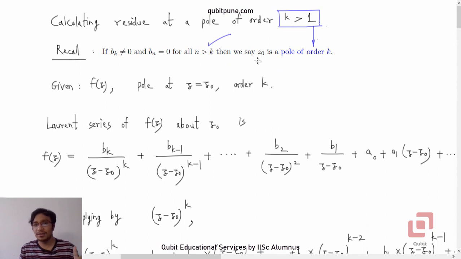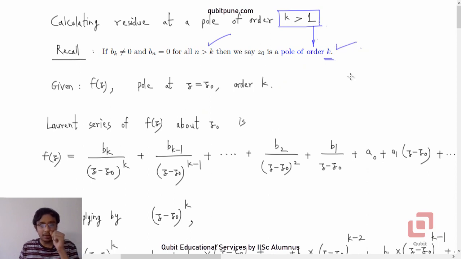Then we say that z0 is a pole of order k. So this is still a non-essential singularity, but the largest power of 1 upon z minus z0 is k.